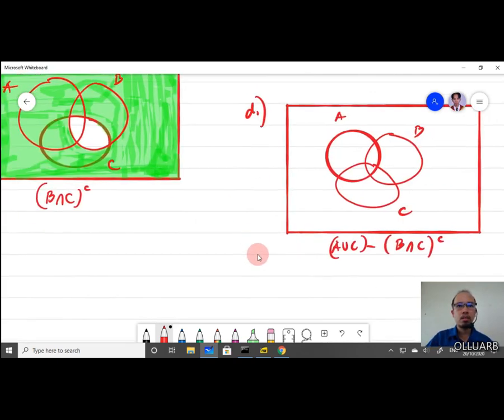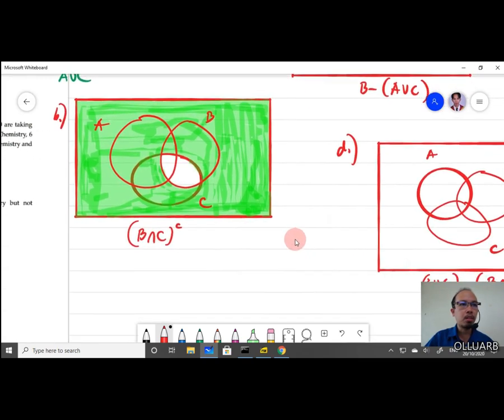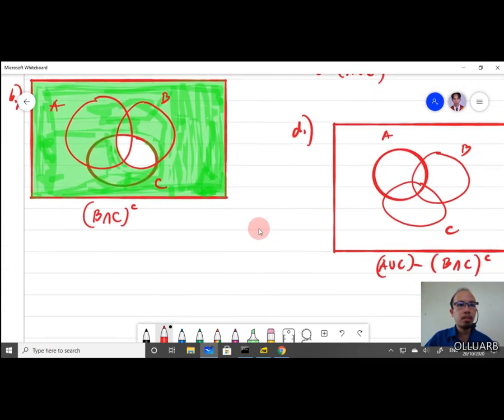So this term here is the answer for letter B. So this is the complement of C, this region here, and the union of A and C. What's the union of A and C?